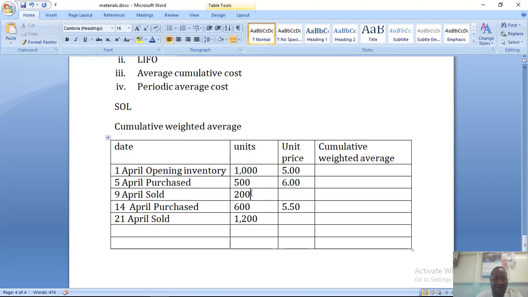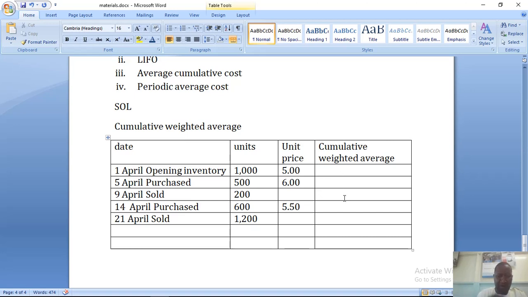So here you need to calculate the average cost at every stage you add new inventory to stock. How do we calculate the average cost? The average cost is equal to the total cost divided by the number of units. That's the average price or average cost.